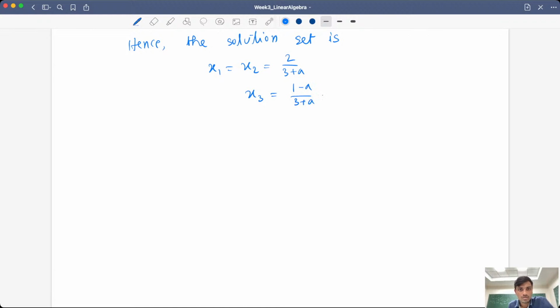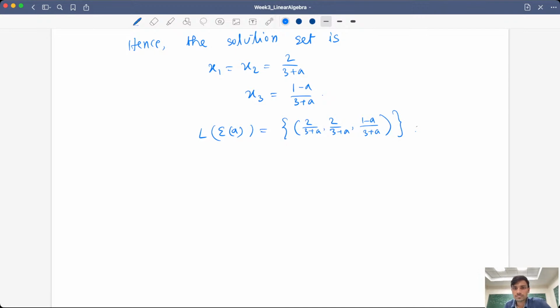So in this case L epsilon a is just a single point: 2 by 3 plus a, 2 by 3 plus a, and 1 minus a by 3 plus a.